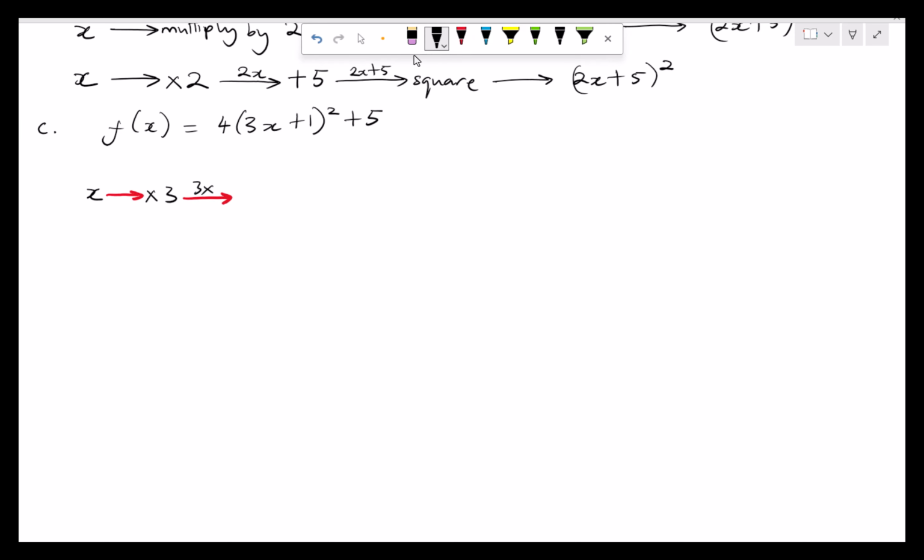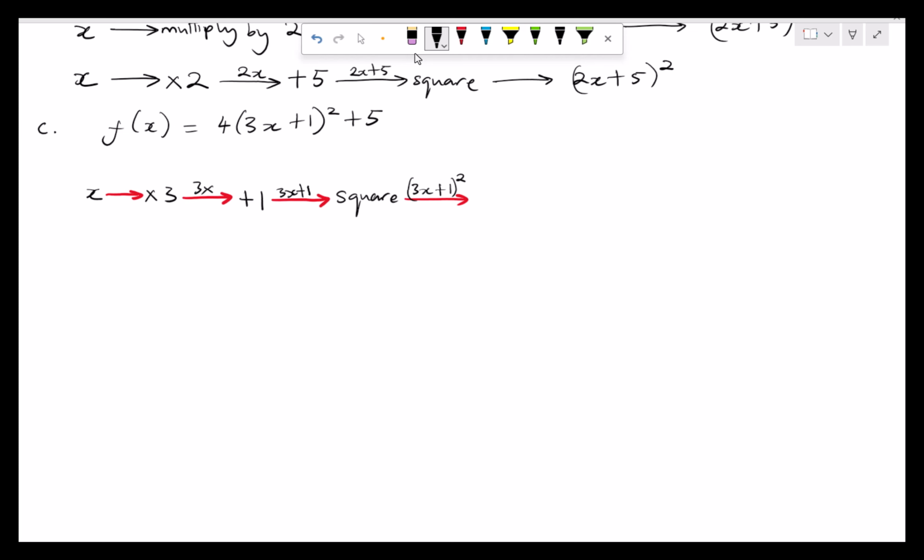And then we added 1, so that is plus 1, and we get a result of 3x plus 1. And then we are going to square it, right? And once we have squared it, we are going to get a result of 3x plus 1 in bracket squared.